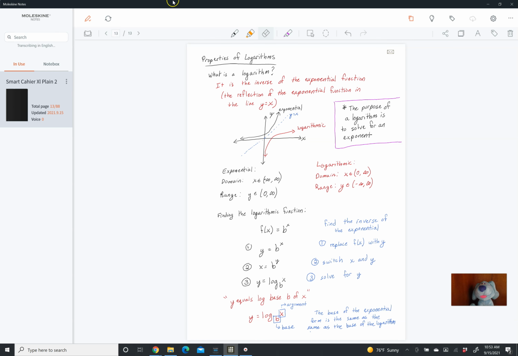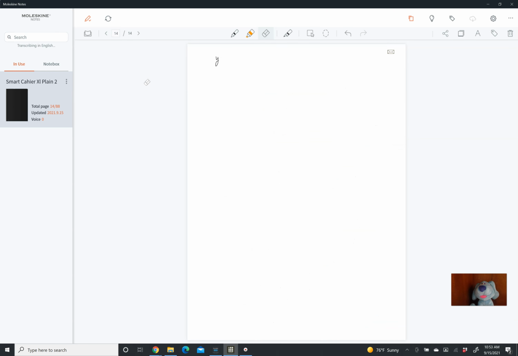For example, if we have y equals log base 2 of 3, this is a logarithmic expression.